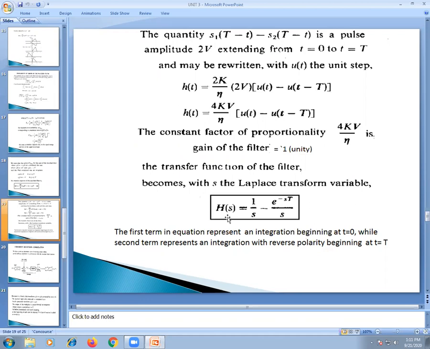Now s is simply the Laplace variable. Applying the Laplace transform, u(t) is 1 by s, and u(t − T) is e to the power minus sT by s. So this is the unit step, and this is the inverse of the unit step, that is h(s) is equal to 1 by s minus e to the power of minus sT by s.